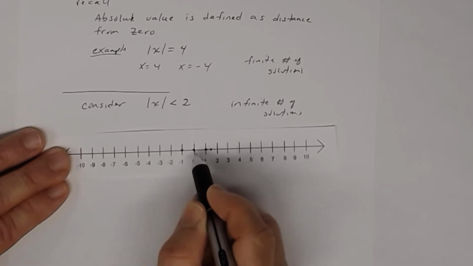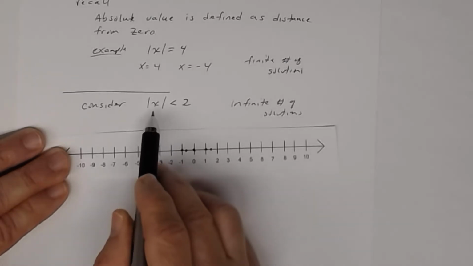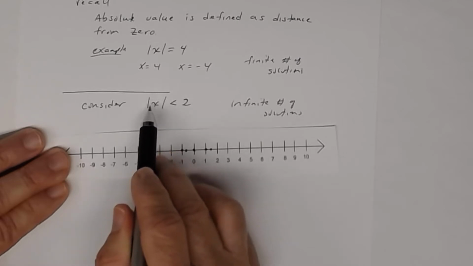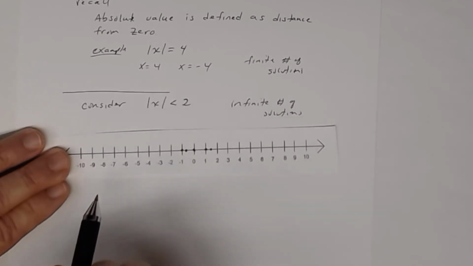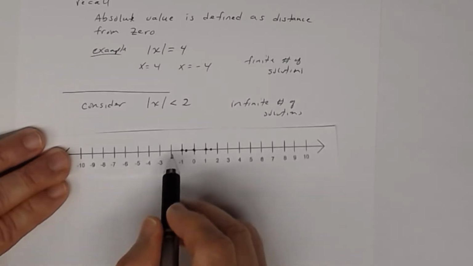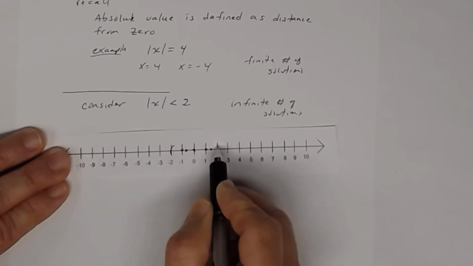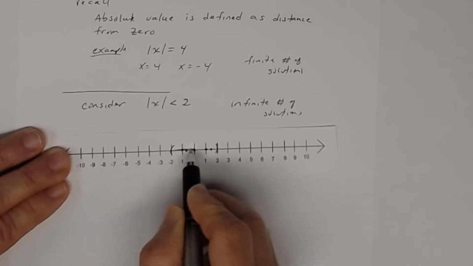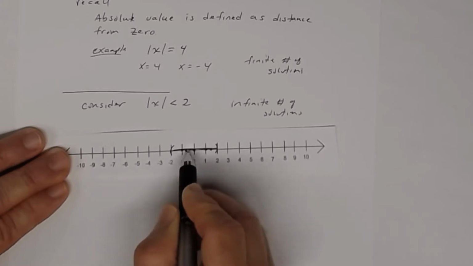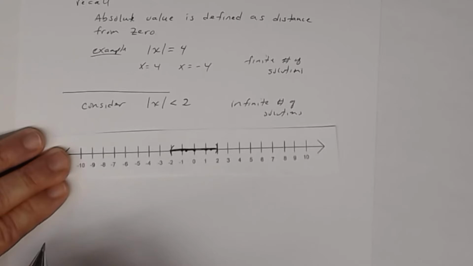If we look at, let's say, negative 3/4, the absolute value of negative 3/4 is 3/4, and 3/4 is less than 2. And you can look at any real number between negative 2 and positive 2, and all of those real numbers will be a solution.